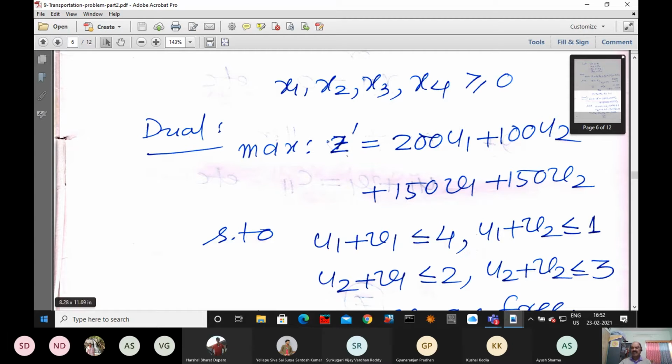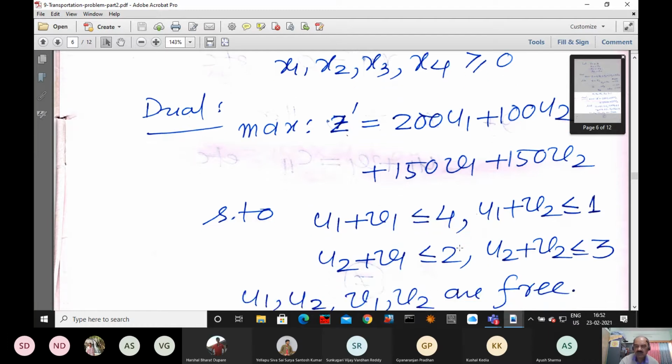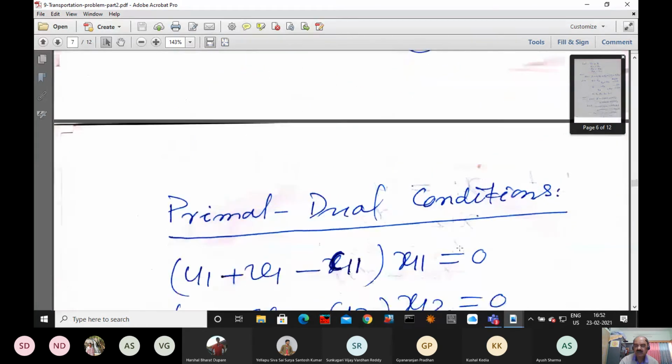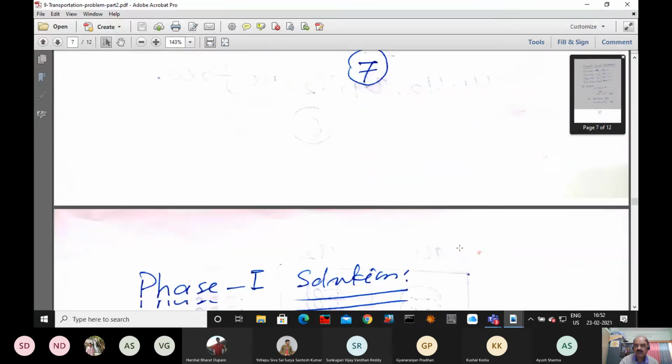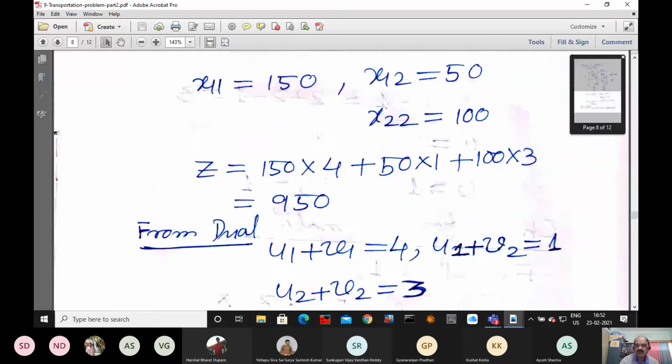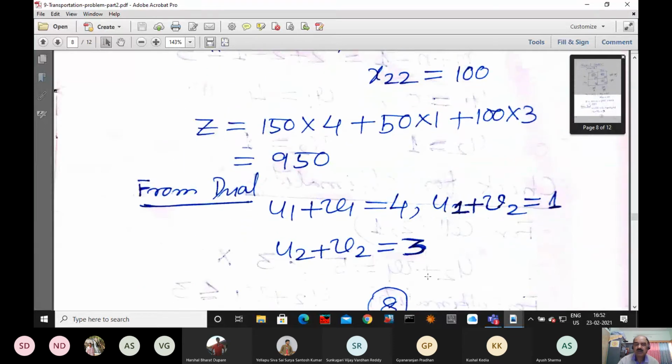So this first term has gone. V1 equal to 4, V2 equal to 1, and U1 equal to 0, U2 equal to 2.